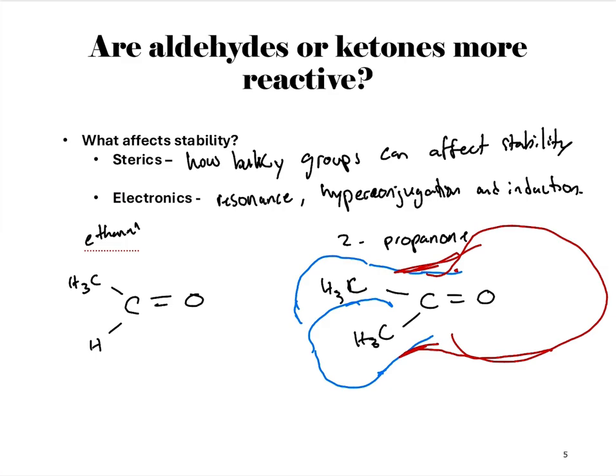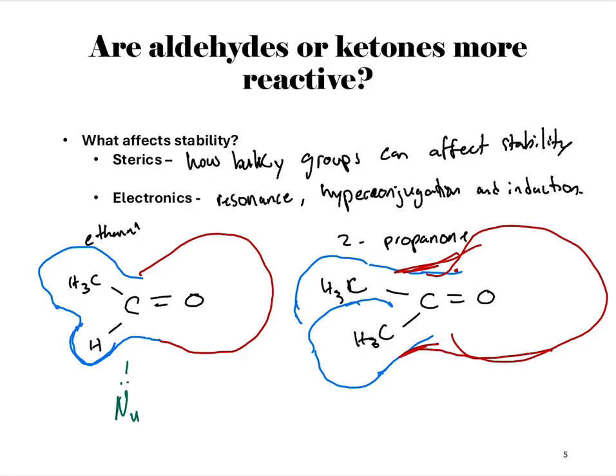And if we compare that to the aldehyde, we see that we get similar over here on the methyl group, and then large electron density around the oxygen again. However, when we get to the hydrogen now, we have very little electron density around the hydrogen. And so this means that if we have a nucleophile, and I'll use, I should have stayed with blue, but I'll use green here. If we have a nucleophile that is coming to attack this carbon, it's going to be a lot easier for this nucleophile to get in, in this case, on the left-hand side, because it doesn't have as much bulkiness.